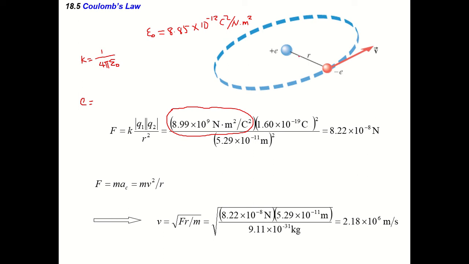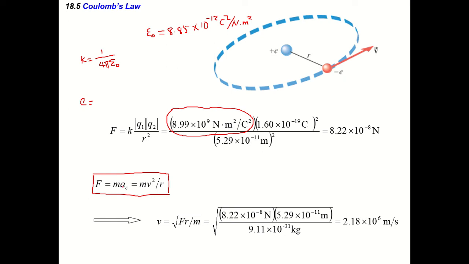Here we have the positive charge and the negative electron, and the velocity goes in this direction. After calculating F here, we make use of this formula from physics, which you can also see in engineering mechanics: the electrostatic force is equal to the product of the mass times the acceleration.